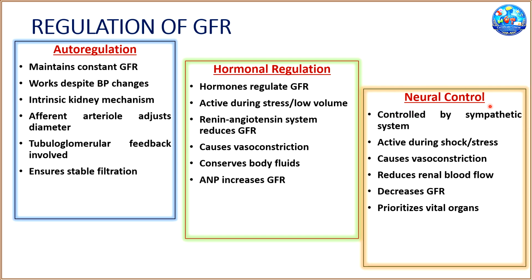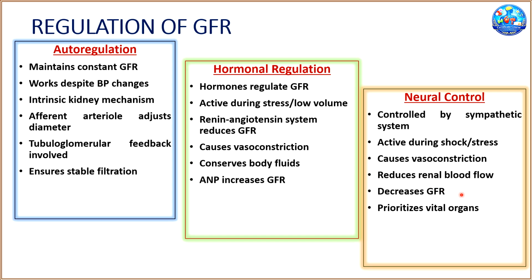Coming to the neuronal control. There is also neural control, which is basically by the sympathetic nervous system. This gets active during shocks and during stress, which causes vasoconstriction, thereby reducing renal blood flow.